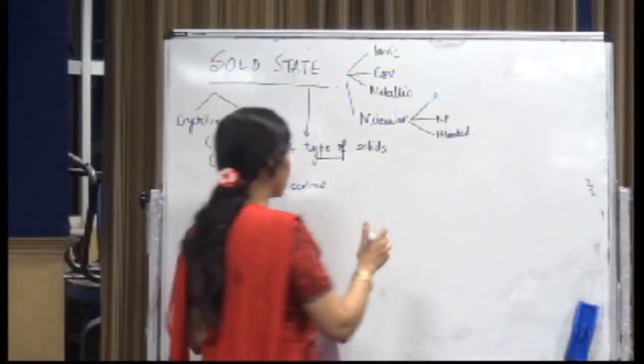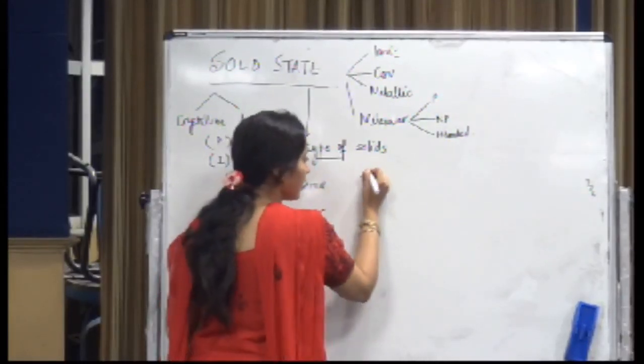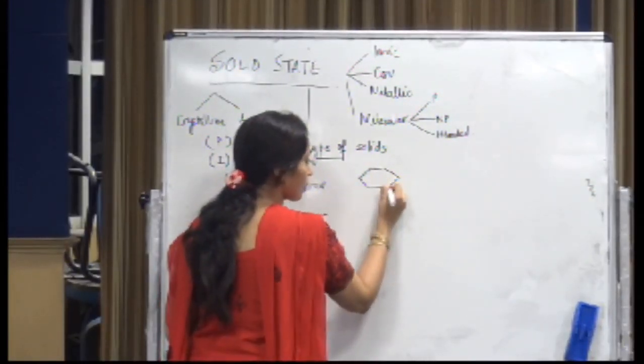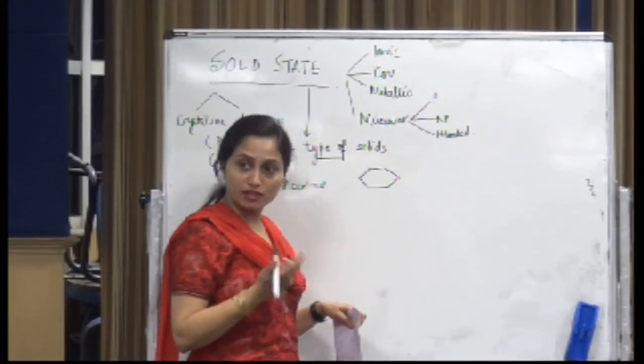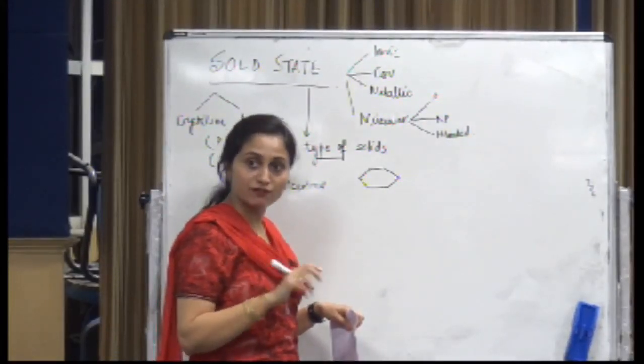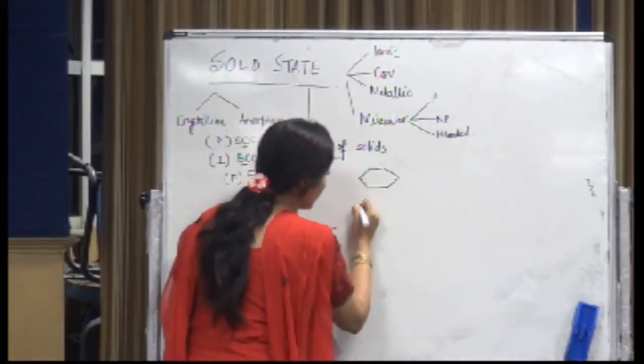Like I had given you an example of an HCP, and I asked you the contribution of the number of atoms per unit cell before I left last time in the last class.